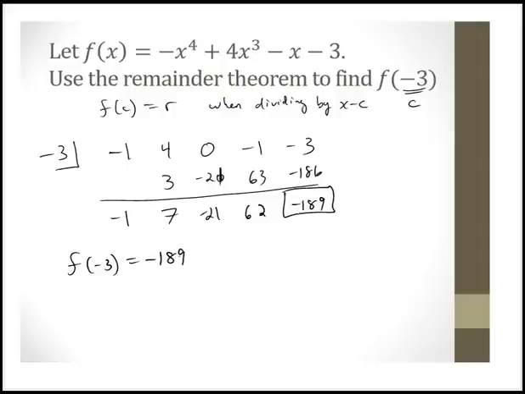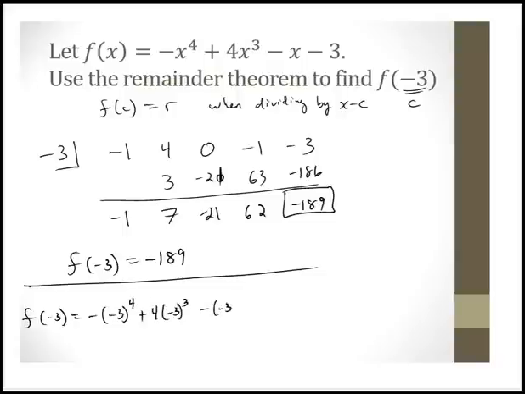Now, we can check this if we want. F of negative 3 is the opposite of negative 3 to the fourth plus 4 times negative 3 cubed minus negative 3 minus 3. So negative 3 to the fourth is 81, so negative 81. Plus 4 times negative 27, plus 3 minus 3.